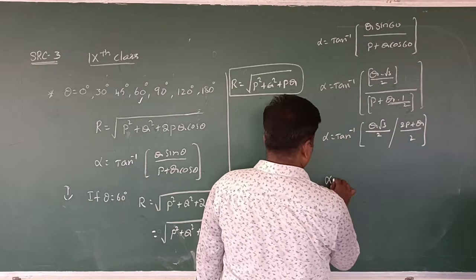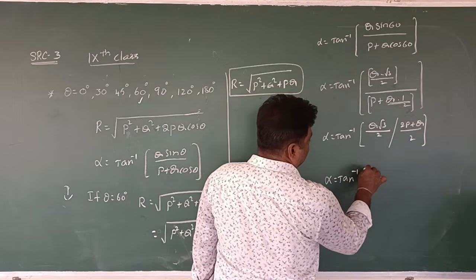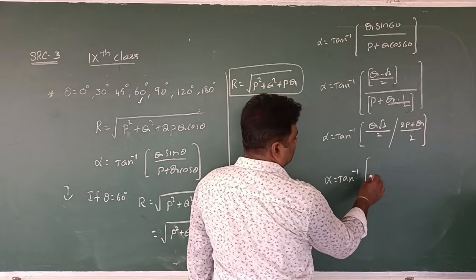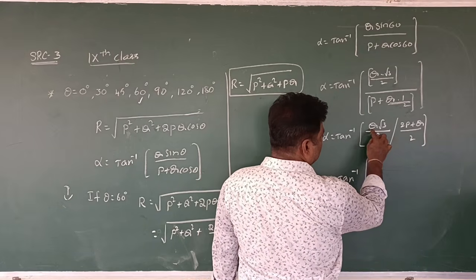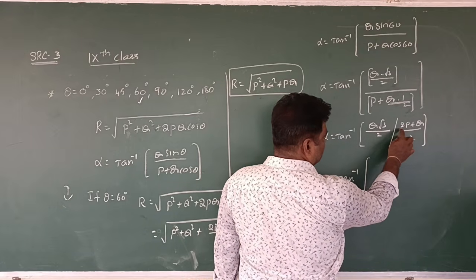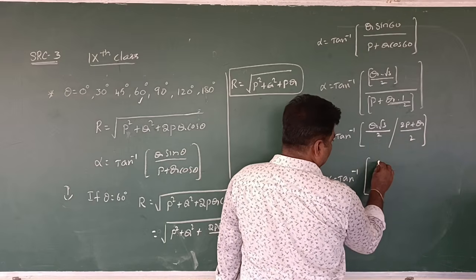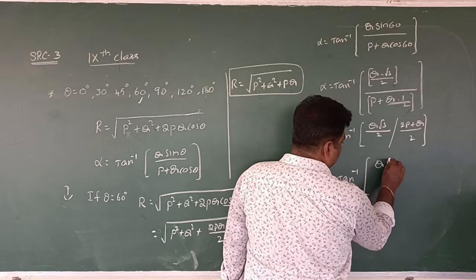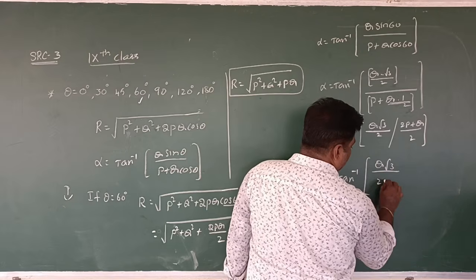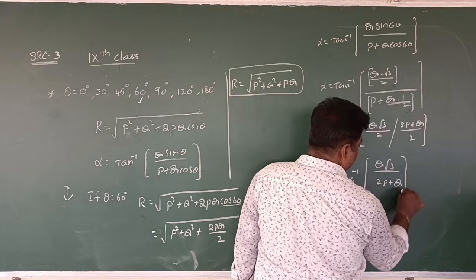Observe this one: Q root 3 by 2, over 2P plus Q by 2. The 2 by 2 will get cancelled. You will get Q root 3 by 2P plus Q. So this is your answer.